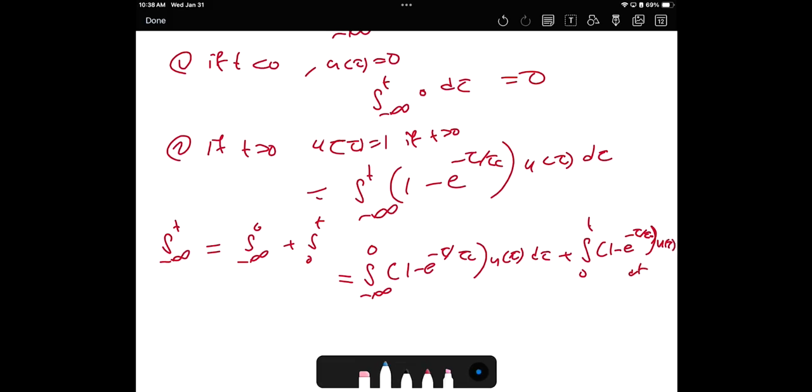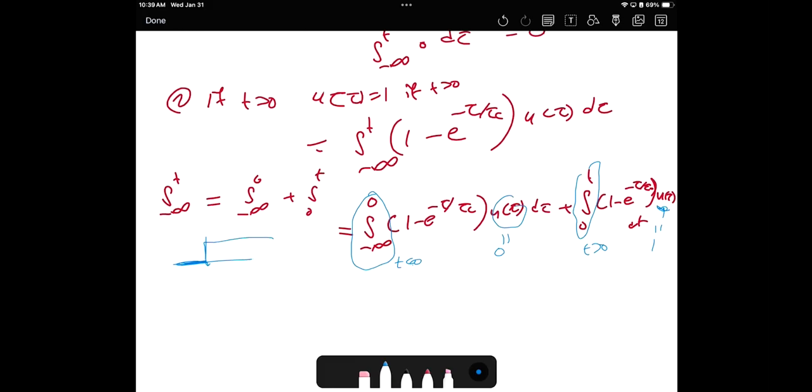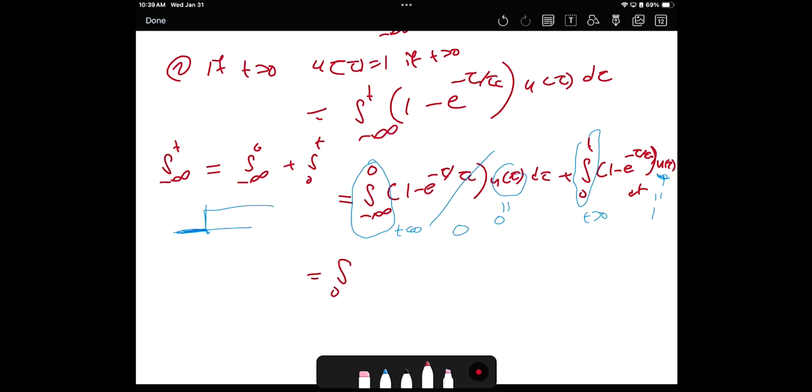Now, for the integral from negative infinity to 0, u of tau is 0, because tau is less than 0 there. While in the second term, tau is larger than 0, so u of tau equals 1. As a result, the first term will be 0. The only term that remains is the integral from 0 to t of 1 e power negative tau over tau c, d tau.